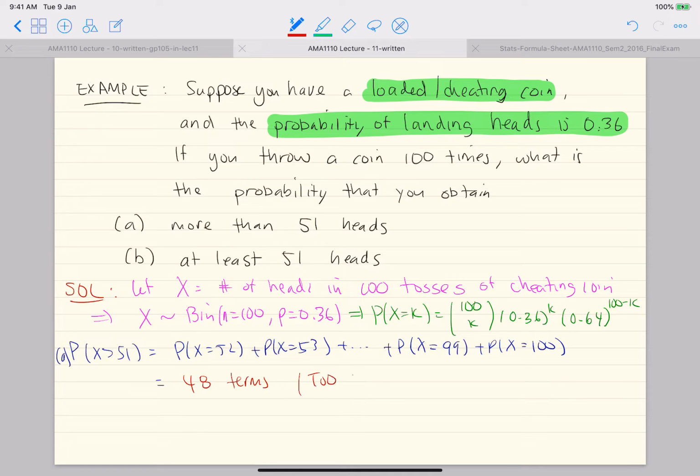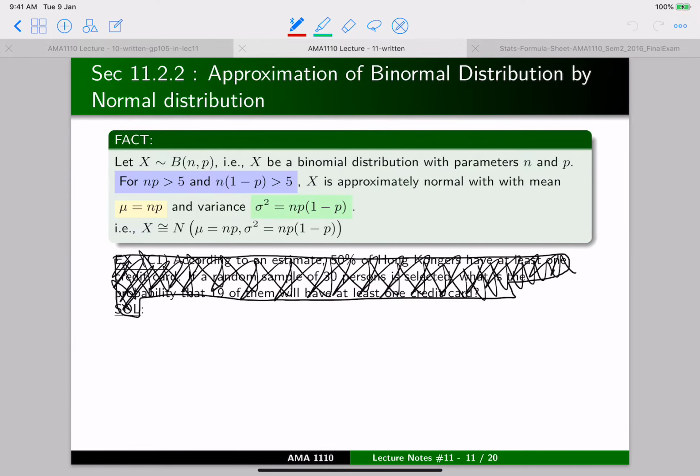And that's too long to calculate, especially for a midterm test or final exam, or even an assignment. So what do you do here? Well, we're going to need the approximation of the normal distribution to the binomial distribution.